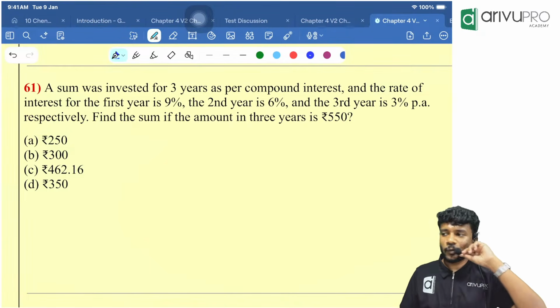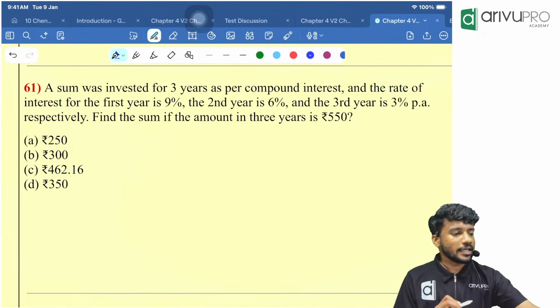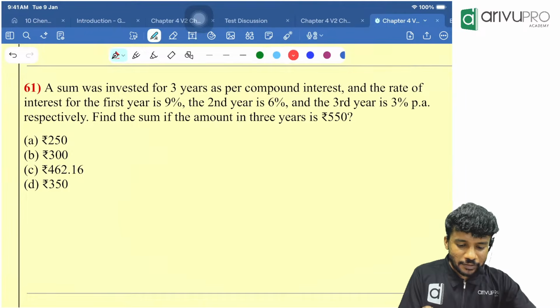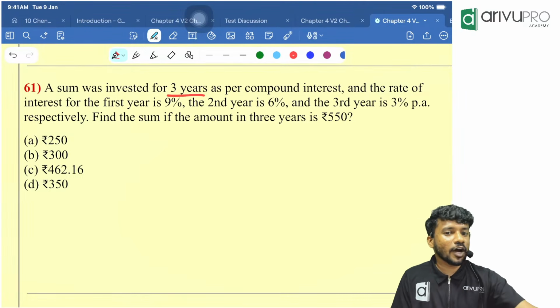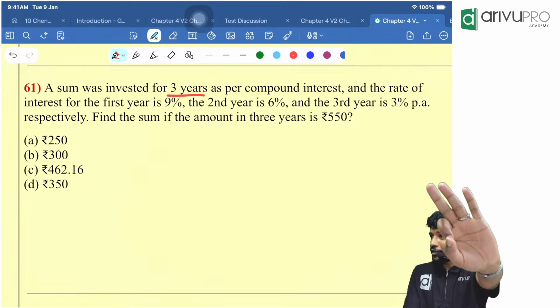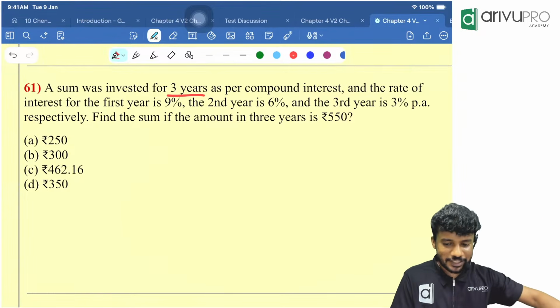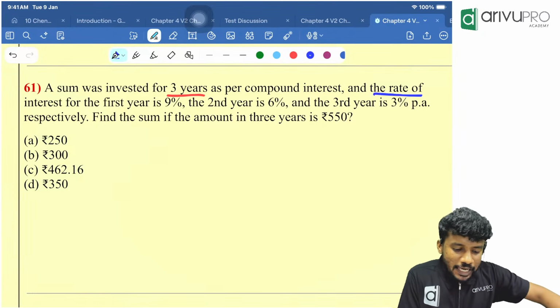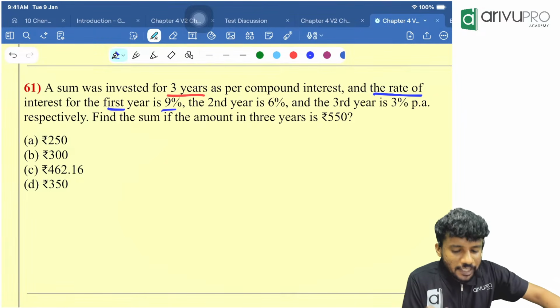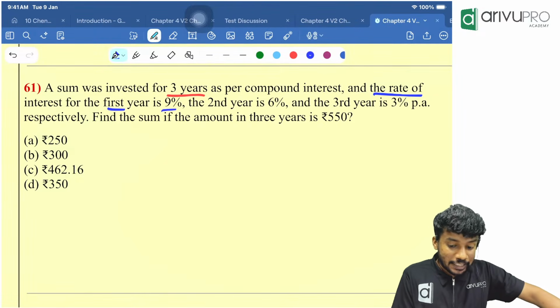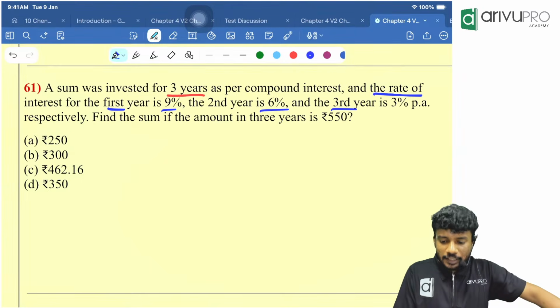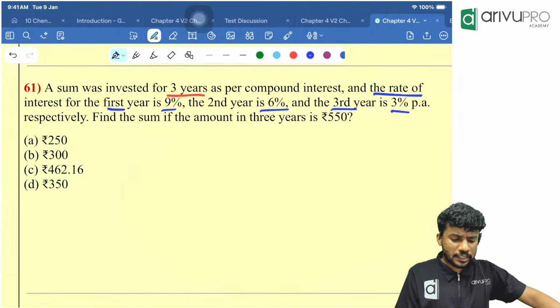Tell me, what are they asking here? A sum was invested for 3 years. So, for how many years is the sum invested? For 3 years. And the rate of interest for the first year is 9%, the second year is 6%, and the third year is 3%, respectively.